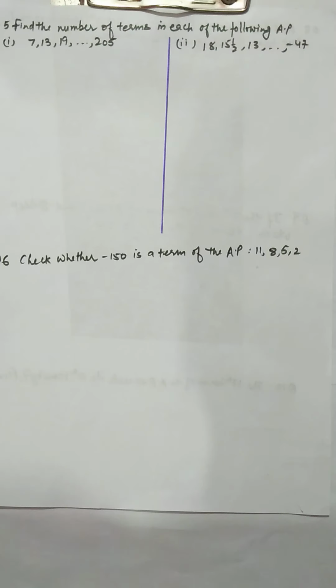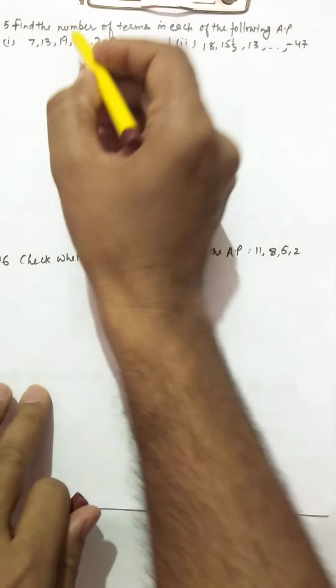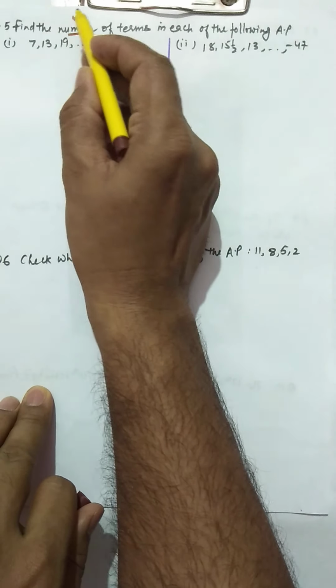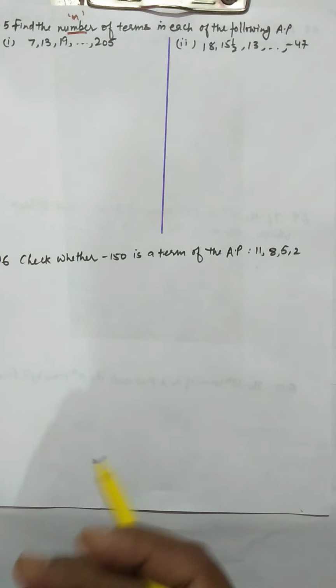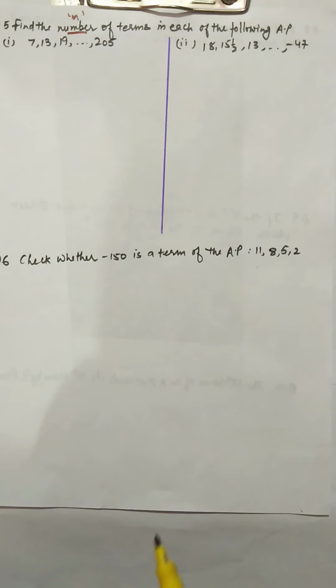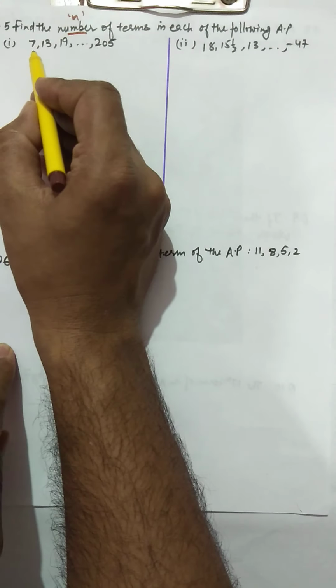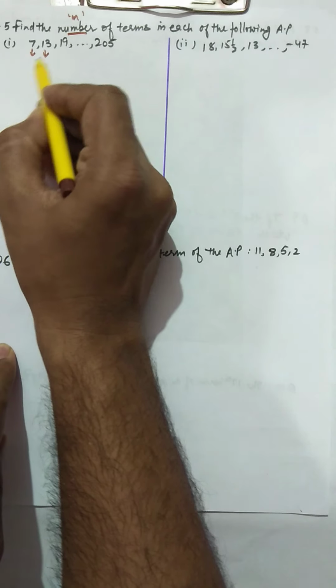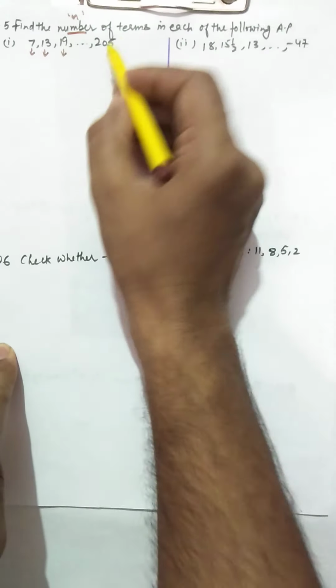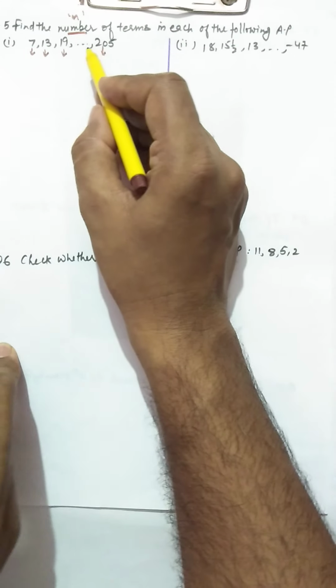Now question number 5: find the number of terms. Number of terms means they are asking you to find the value of n. N is used in the formula of the general term an equal to A plus (n minus 1) D. Find the number of terms in each of the following APs. You can see this is your first term, this is your second term, this is your third term, and this last term you don't know because the dash is there.